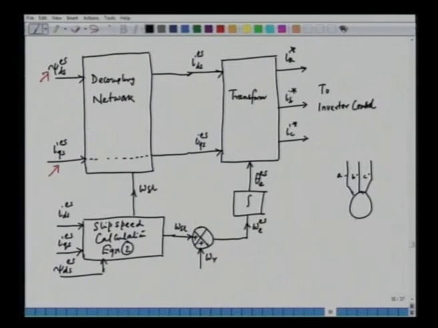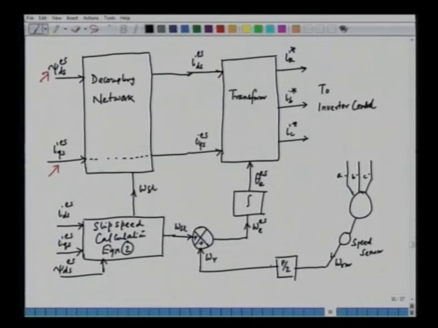So, we can have a sensor here. We can have a speed sensor, and the speed sensor will be giving us the mechanical speed omega m, and this we can multiply by the number of pole pairs P by 2 to get the electrical speed.